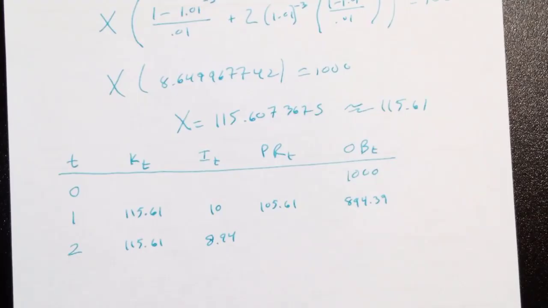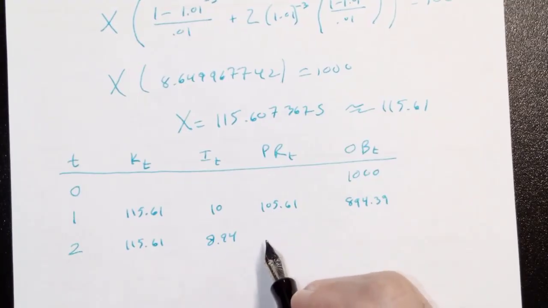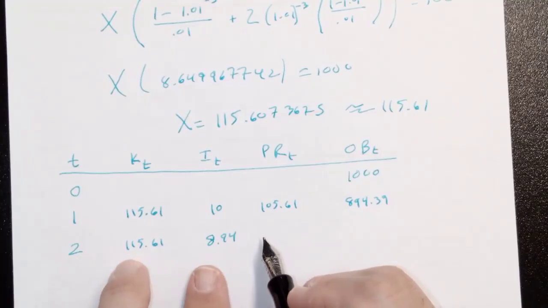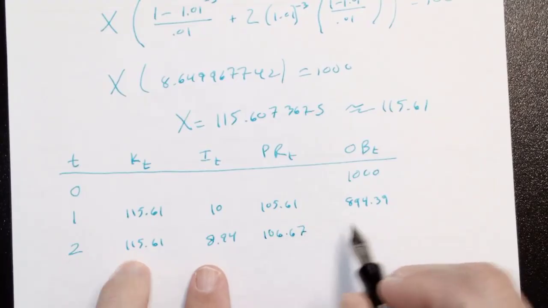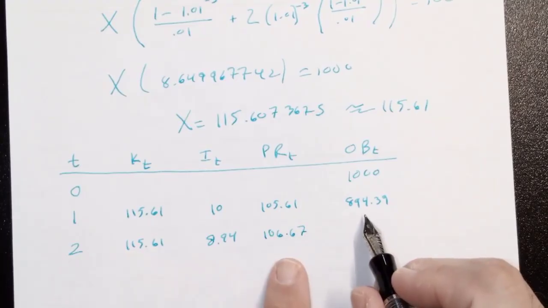But we're going to round the way we're supposed to. Okay, subtract. What is my principal repayment here? Subtract those two. 106.67. Subtract those two.